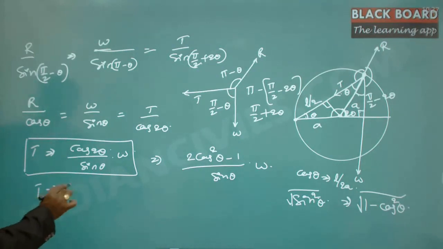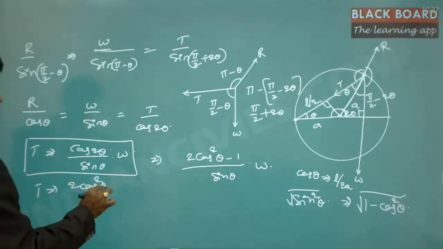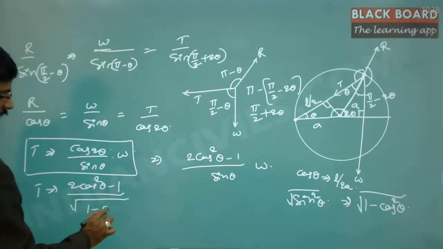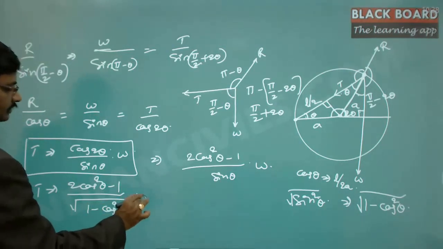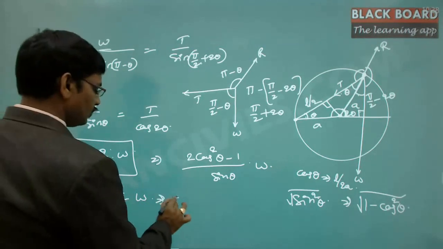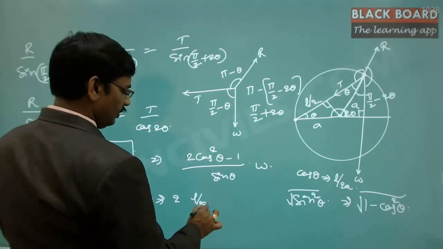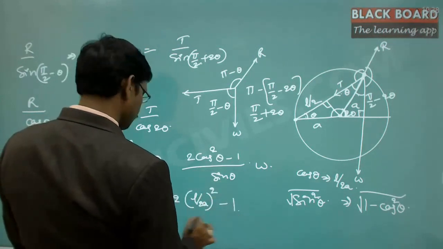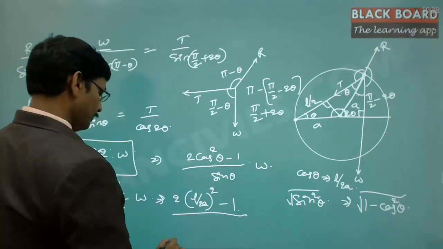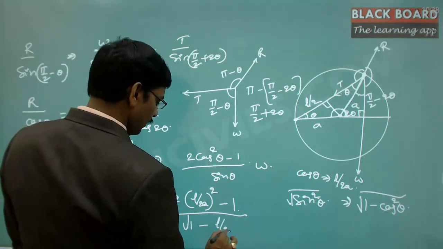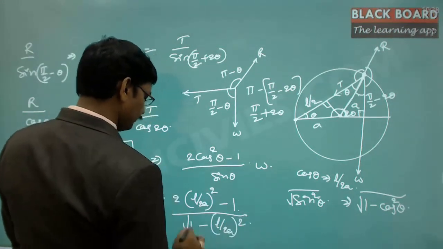So T is equal to (2 cos square theta minus 1) divided by square root of (1 minus cos square theta), times W. So this is 2 times cos square theta, which is (L by 2a) whole square, minus 1, divided by the square root of 1 minus (L by 2a) whole square.